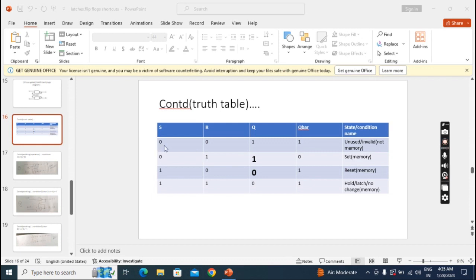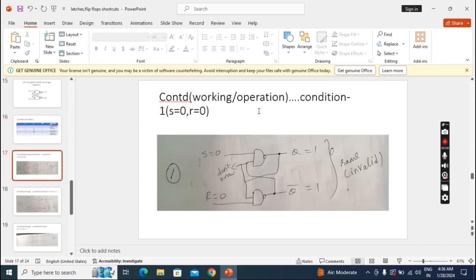Now the first condition, S equal to 0, R equal to 0. I listed that condition as condition 1. Here I am applying S 0, R 0. It means for this NAND gate, one of the inputs is 0, but we don't know the other input. Here also, one of the inputs is 0, and we don't know the other input.